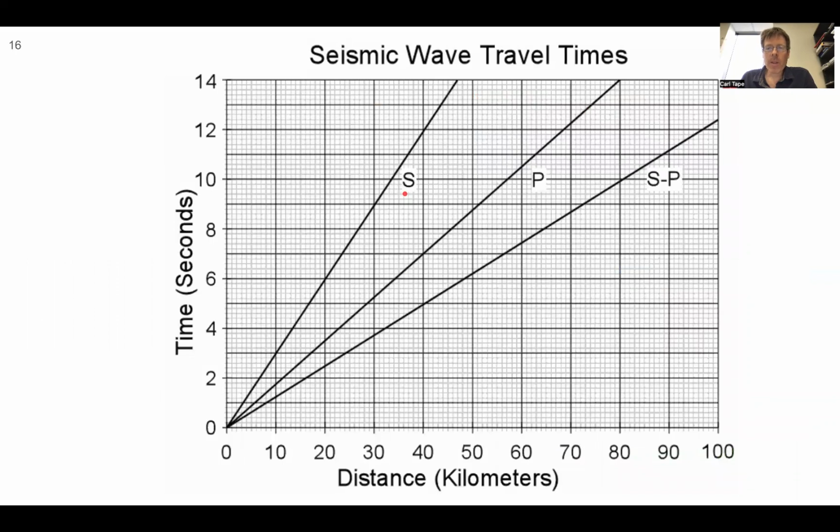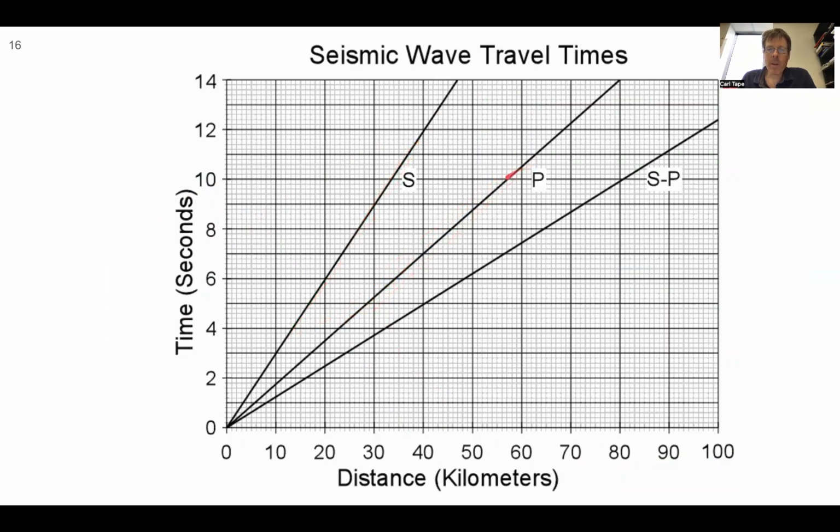And so we saw that the assumption is that for the S wave and the P wave, the travel time from the event to the station only depends on the distance that the station is from the event. So these are curves that show, in this case, the slope of the curve gives some idea of how fast the wave is.